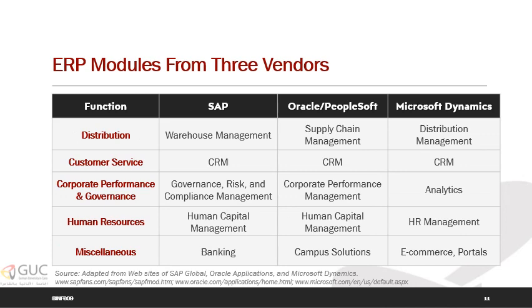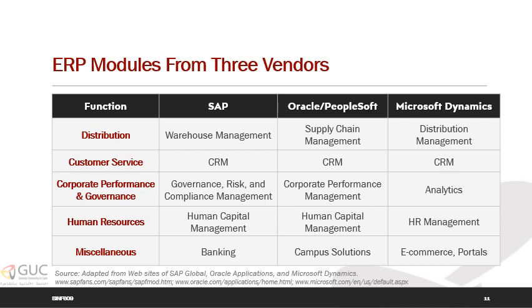In general, ERP vendors provide a comprehensive range of enterprise software applications and business solutions to empower every aspect of business operations, identify new business opportunities, and enable the organization to respond to a changing business environment.